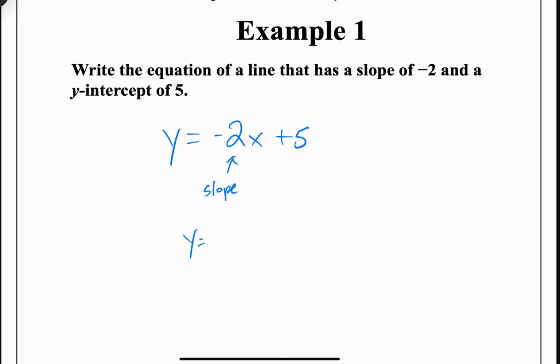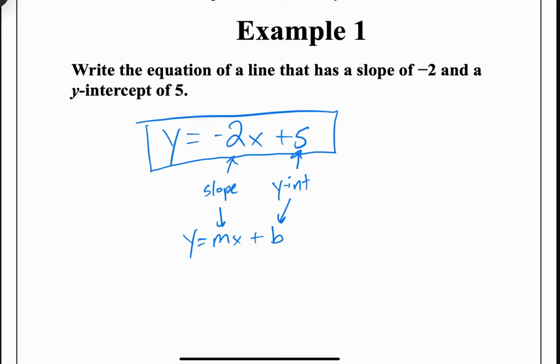Remember, we're using the formula y equals mx plus b. M is the slope, and the y-intercept, in this case, is 5, but that's b in our formula. So our final answer here would be y equals -2x plus 5.